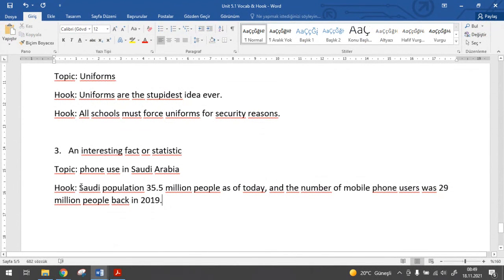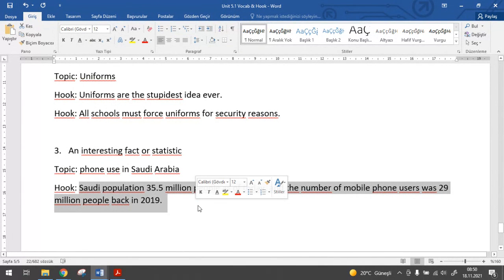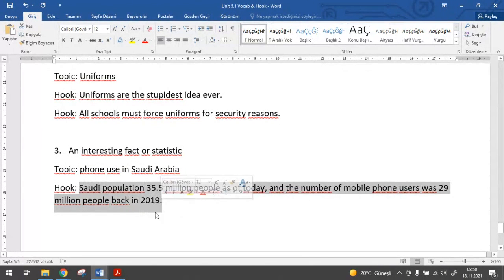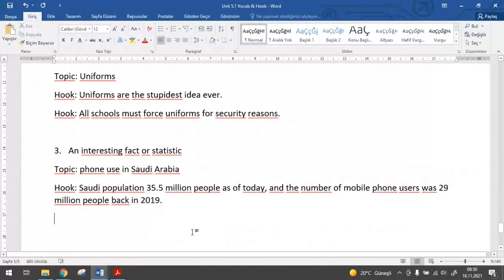So if you are writing an article or an essay about phone use and you have an opinion about it, maybe you can start with a hook like this, an interesting fact or statistic. Of course, you need to check some websites to find this kind of information. You need to do some research before.